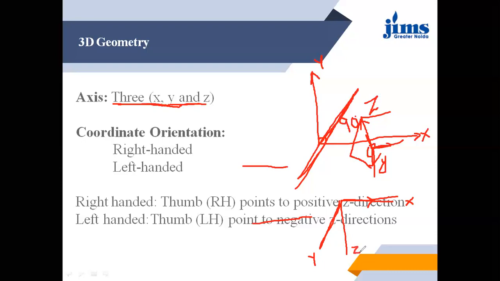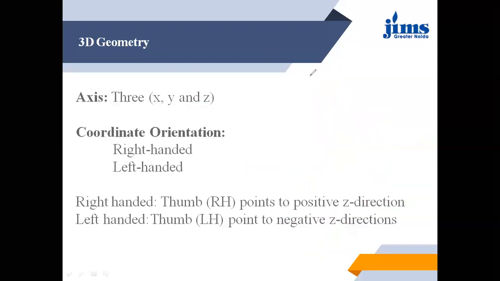So from this it is clear that the z direction or z axis is either going to the upper side or to the lower side. As we discussed in two dimensions, this is the x axis, this is the y axis, and this is the origin, point O, where the value is 0 and 0.